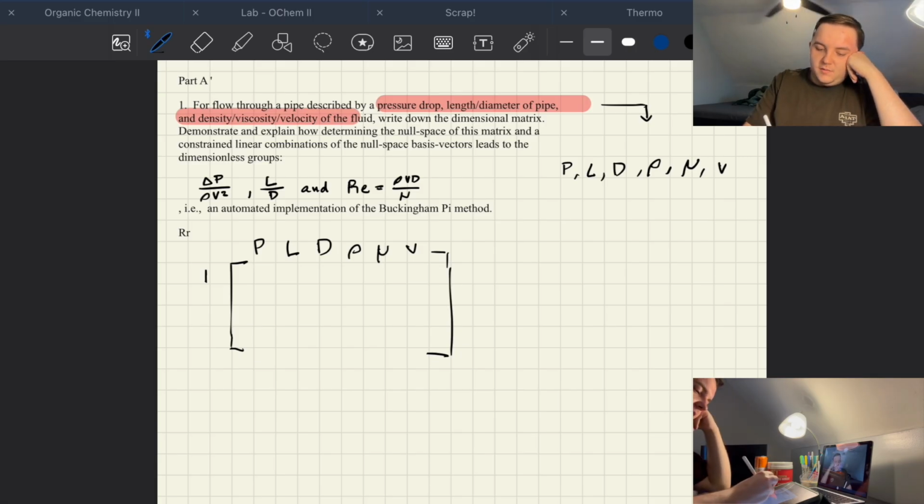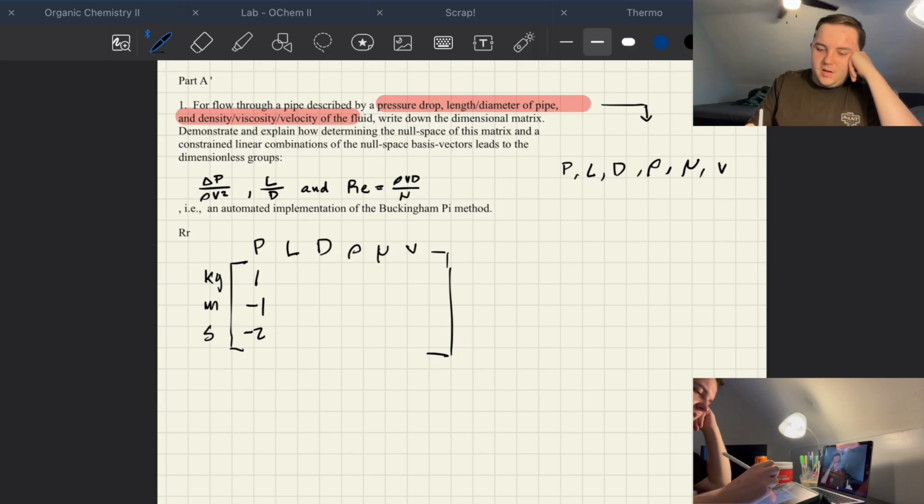So just to explain, we're going to need kilograms, meters, and seconds. And as I said, a pascal is a kilogram per second squared meter, so kilogram is in the numerator, so 1. And then second squared and meters are in the denominator. So we're going to have -2, -1.